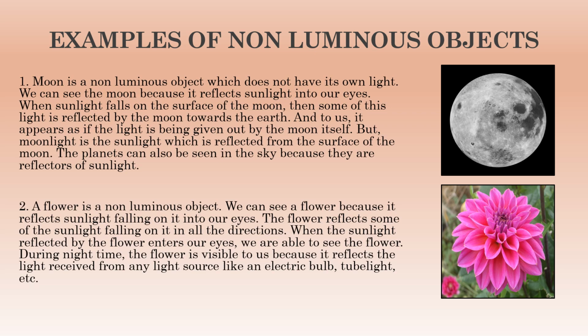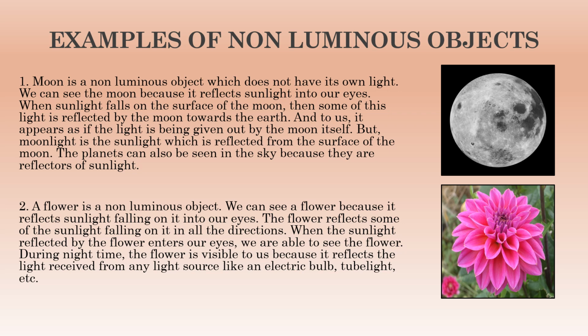Now, children, we look into some more examples of non-luminous objects. We pick up a very common object, and that is the moon. The moon is a non-luminous object which does not have its own light. We can see the moon because it reflects sunlight into our eyes.